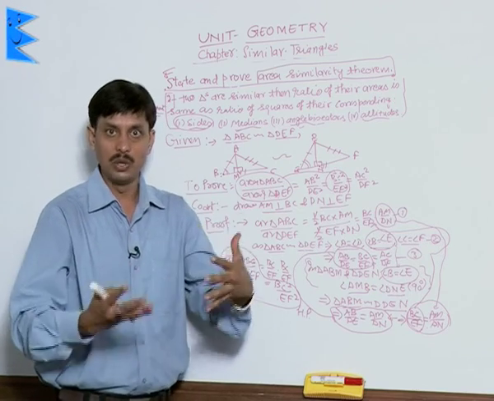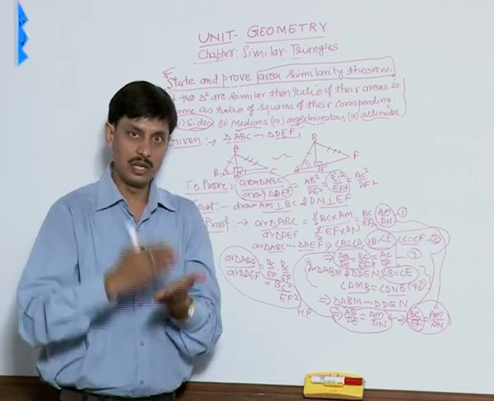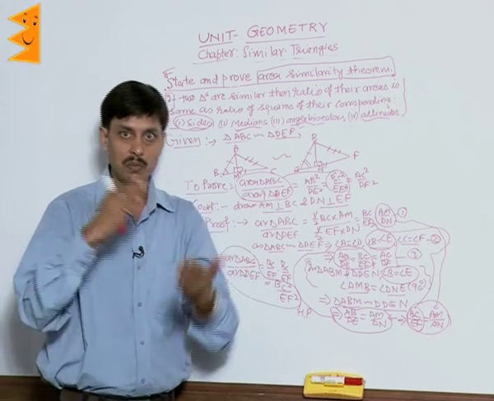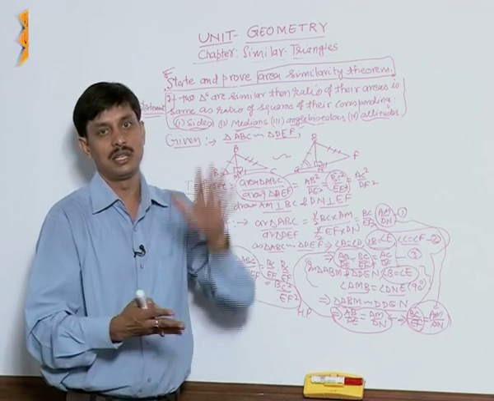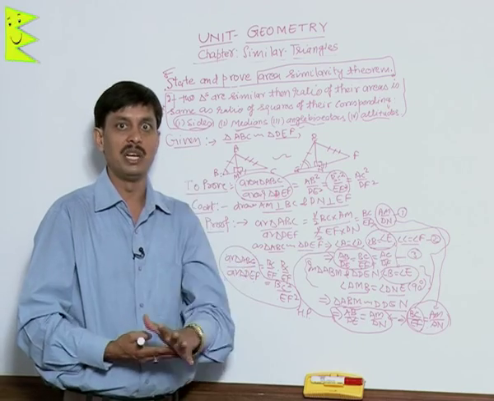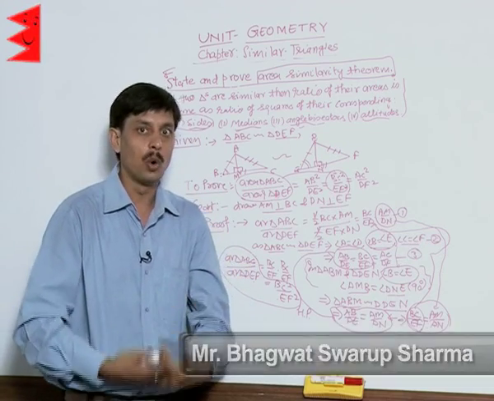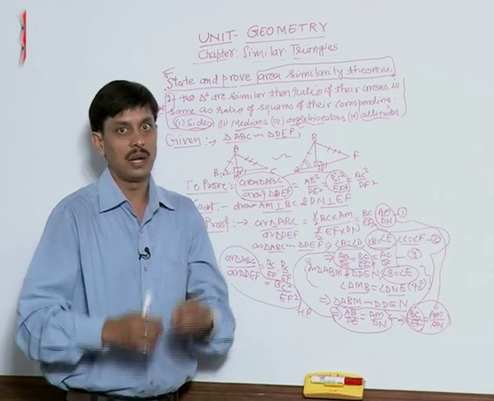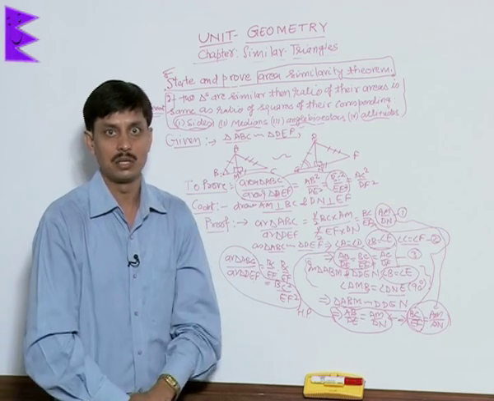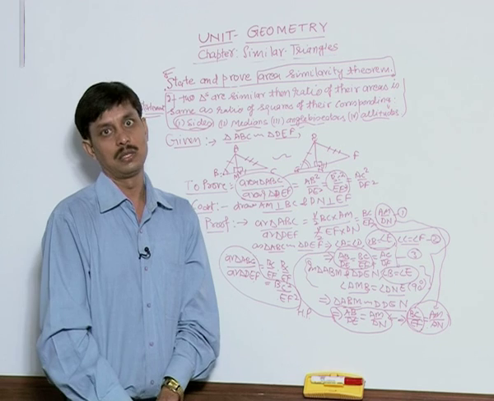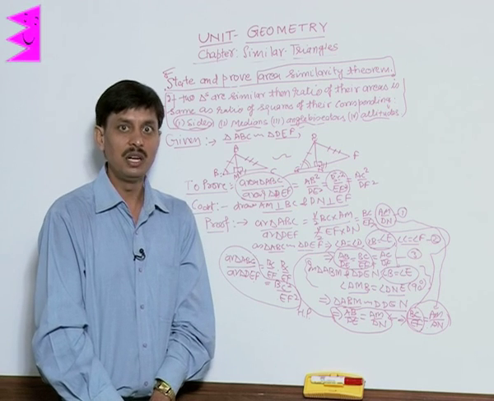Now I will tell you why the ratio of sides of two similar triangles is the same as the ratio of medians, angle bisectors and altitudes, why these four are equal to each other and the same as the ratio of perimeters of the two similar triangles in this chapter, similar triangles.